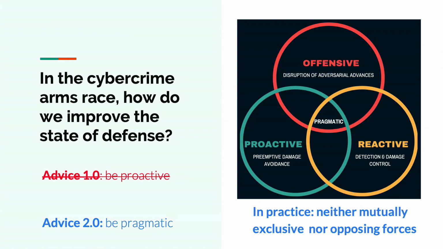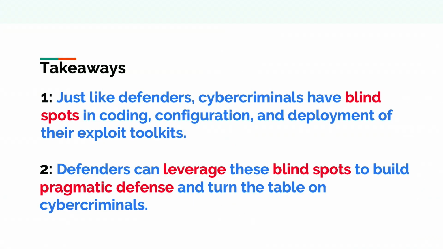So these strategies, as I told you, instead of competing against each other, they can reinforce each other, they can coexist, they can be useful. So hoping that I convinced you on the synergy between this reactive, offensive, and proactive defense, I will leave you with these two takeaways.